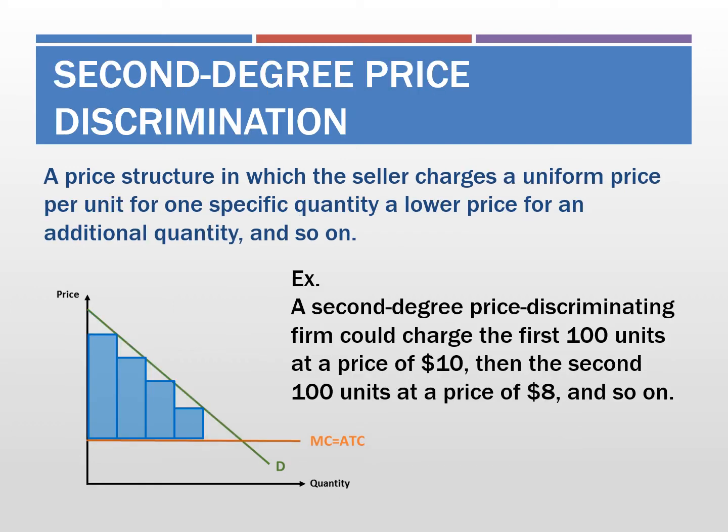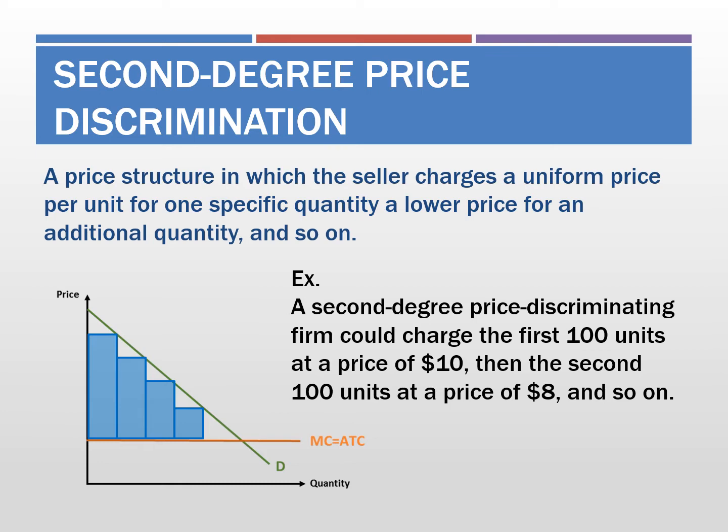Well, in second degree price discrimination, we actually have a monopoly firm who is charging different prices to different groups of consumers. Based on what? Well, this time it's not based on the maximum willingness to pay. This time the firm figured out that if they are facing a downward sloping demand curve, then when they are trying to sell more of the products in the market at one time, the firm should be able to charge a lower price to sell that many.